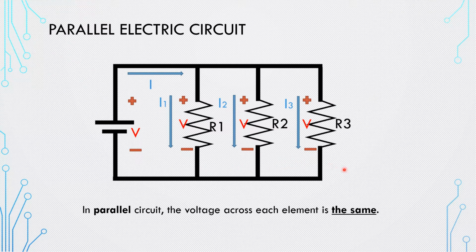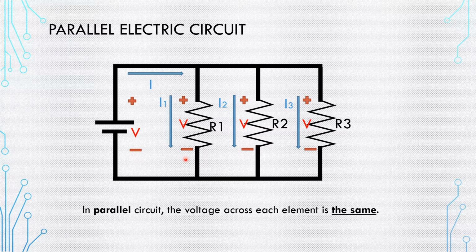In this case, if I look at the voltage across each resistor, we have a key idea that you have to keep in mind. If you have a parallel circuit, the voltage across each element or each resistor is the same. So anything connected in parallel, the voltage is going to be the same.